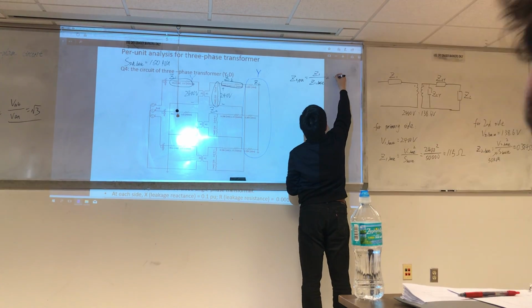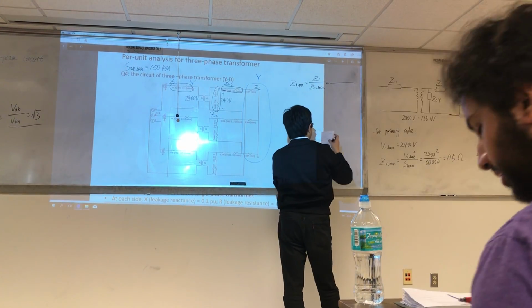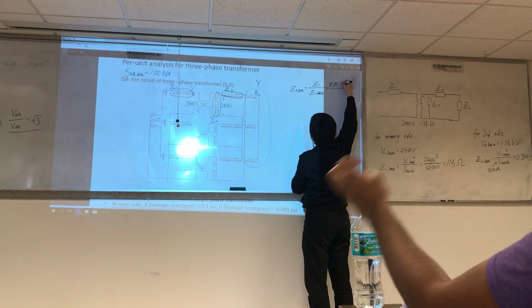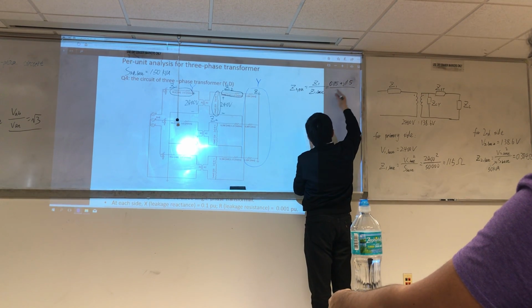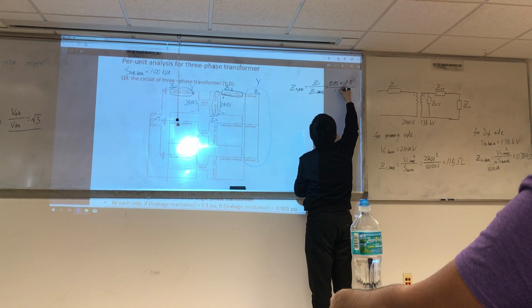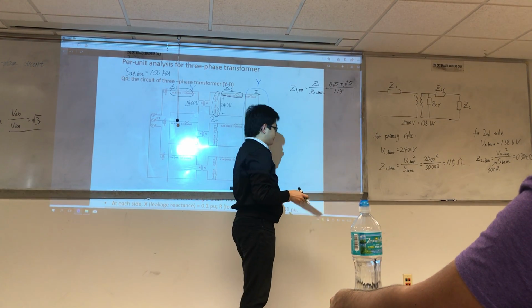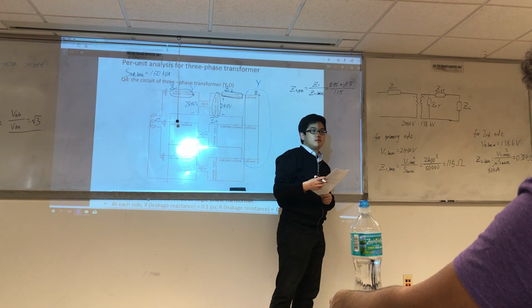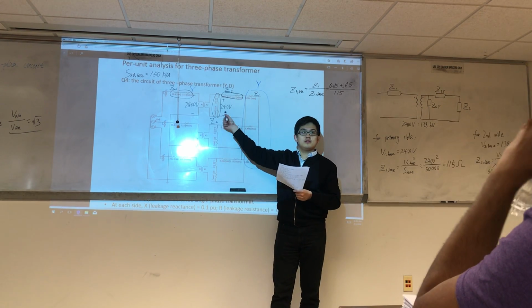The value here: your Z1 is 0.115 plus j11.5, and the Z1 base is 150. Are you still working on this circuit?